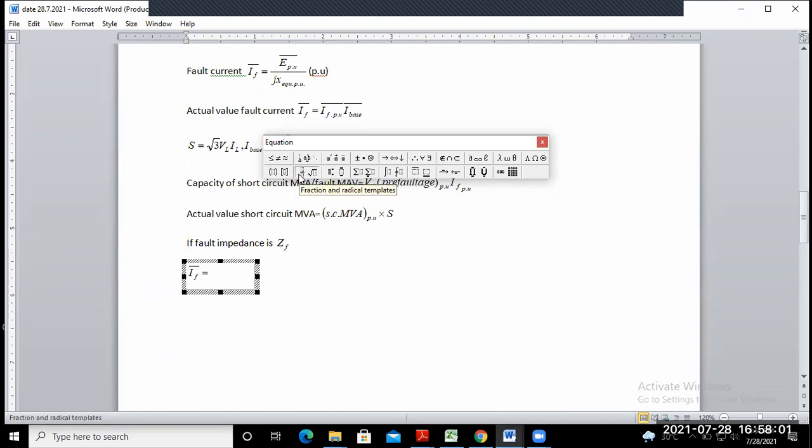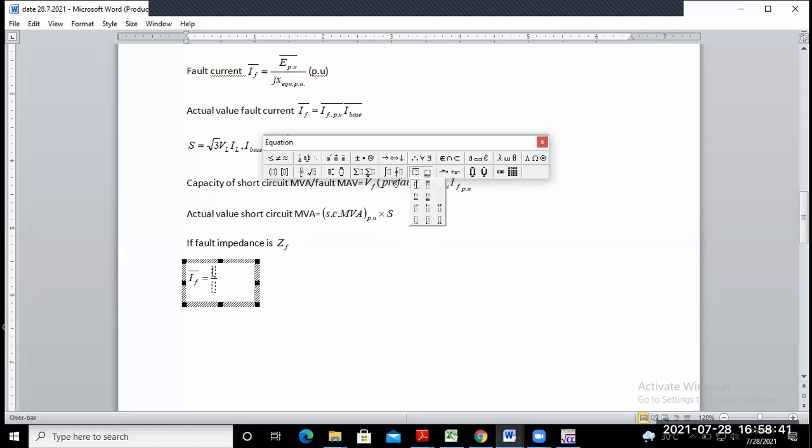So just look at the circuit diagram of the previous one. X equivalent is already present in the previous circuit. Now if you consider that in the previous circuit the fault impedance ZF is also given, then this is added in the denominator. Whatever the X equivalent and the other impedance terms, it is added to the total impedance of the circuit, that is JX equivalent plus ZF.